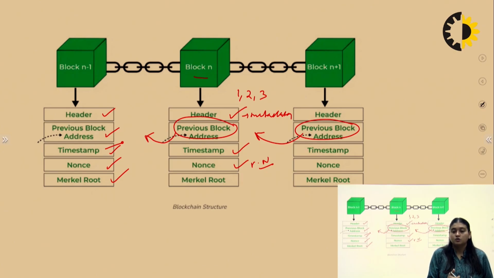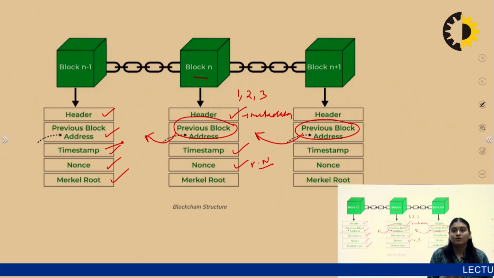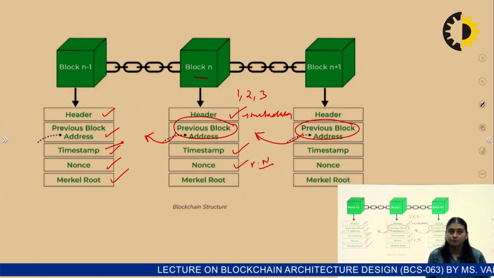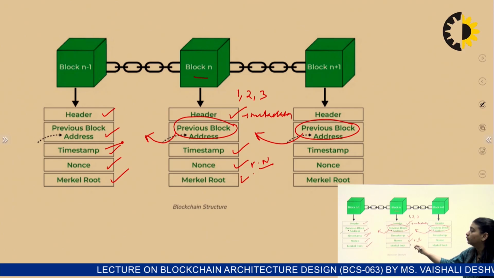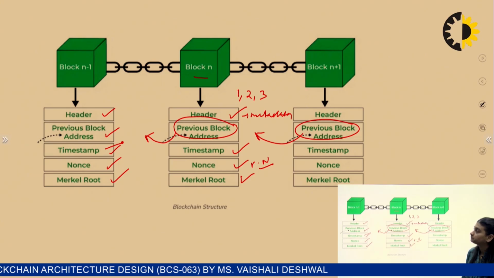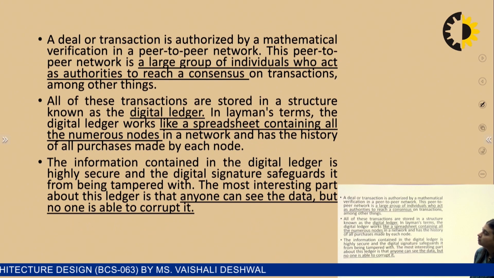Like if you use PoW, a consensus mechanism, then you have to design some sort of problems. So for designing the problems, you can use this nonce value, a random number. And then we have the Merkle root. We'll discuss later what the Merkle root and the Merkle tree are.